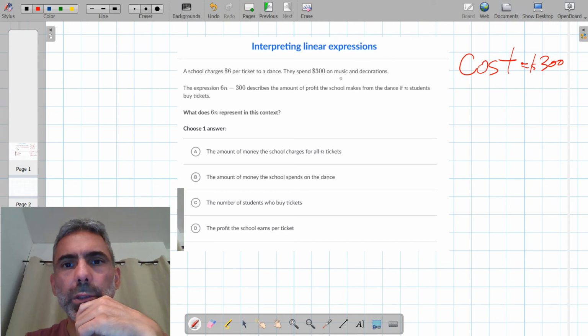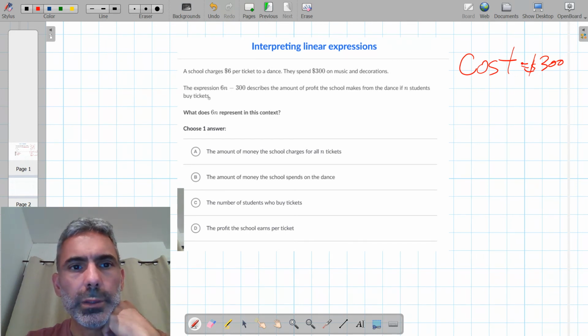Cost of production is $300, and they sell each ticket for $6. Okay, the expression 6 times n, where n is the number of tickets, minus the cost of production, describes the amount of profit the school makes from the dance if n students buy tickets.